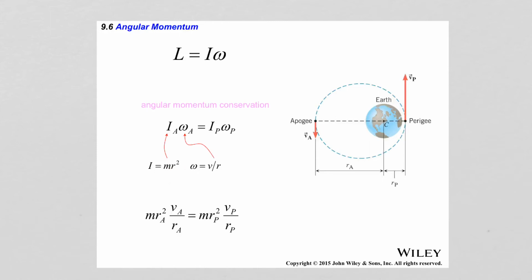And the angular velocity can be written in terms of the linear velocity as v divided by r. So substituting both in the expressions for the angular momentum at the 2 points, I get the following relationship. The mass of the satellite times the radius at apogee to the second power times the speed at apogee divided by the radius at apogee is equal to the mass of the satellite times the radius at perigee to the second power times the speed at perigee divided by the radius at perigee.